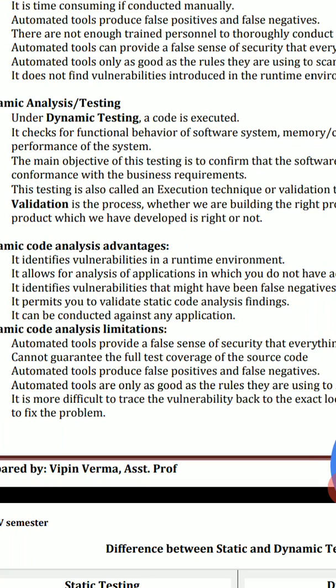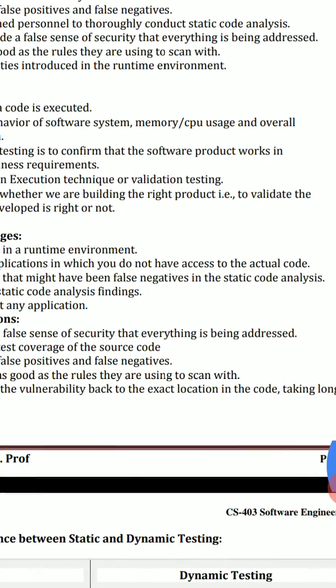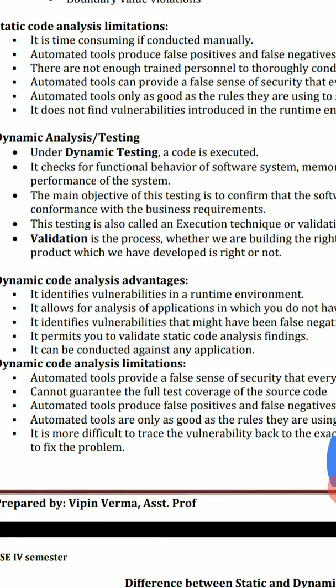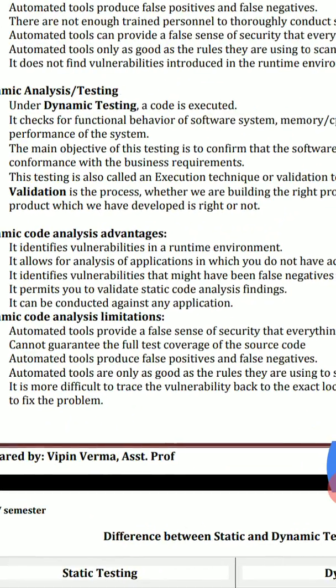It identifies vulnerabilities that might have been false negatives in the static code analysis. It permits us to validate static code analysis findings. It can be conducted against any application.